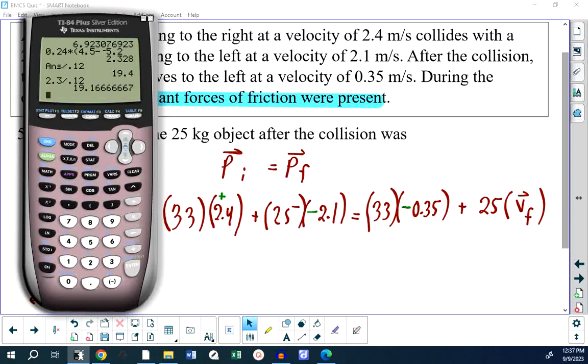I would say that you should be able to solve it pretty much on your calculator, but I'm not going to do that.